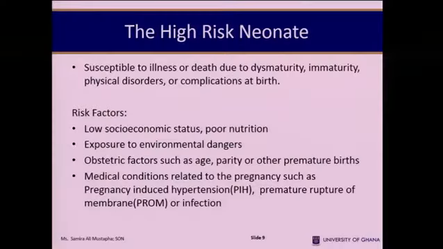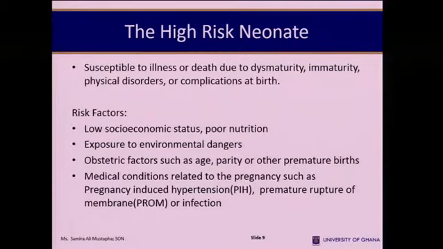So we know that if the pregnant woman does not eat well, she is likely to suffer anemia or may not be able to afford care. If she's hypertensive, she may not be able to afford her medications, and therefore we predispose her to having a high-risk newborn.